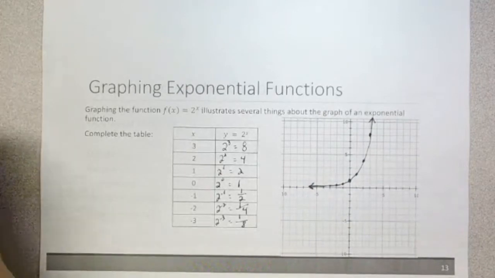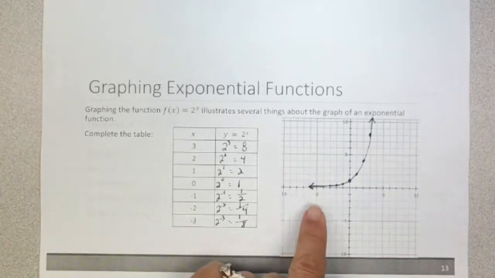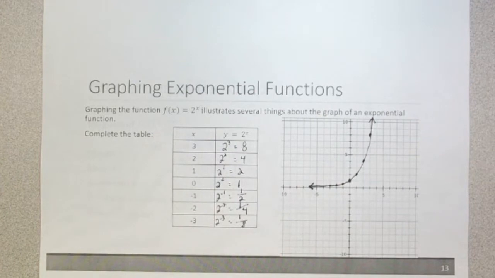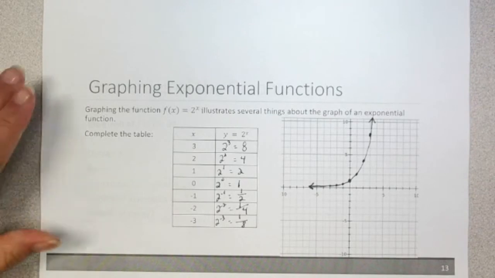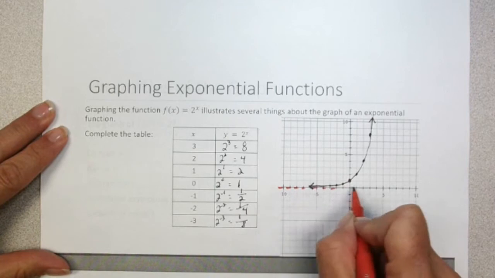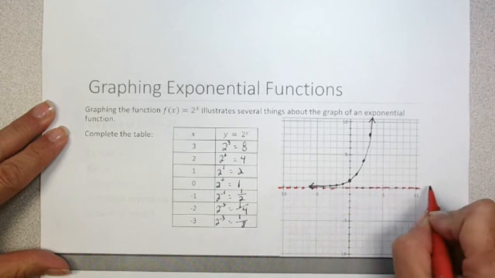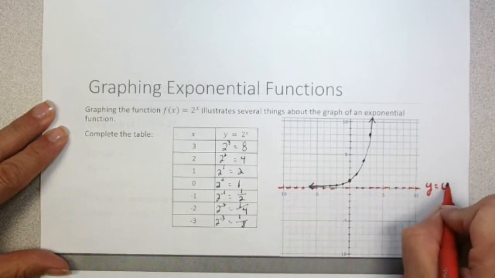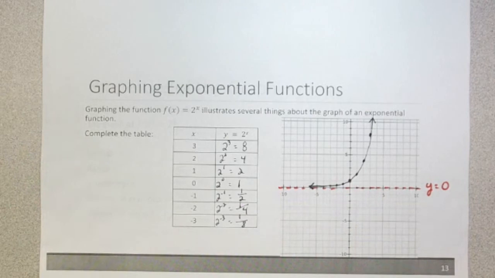An important thing to notice here with the exponential function is that the output, the y value, is never going to get negative. That means we have this horizontal asymptote right here at y equals 0. We never, ever get a negative value out of an exponential function.